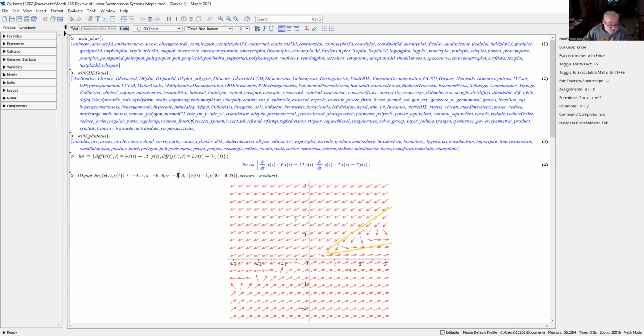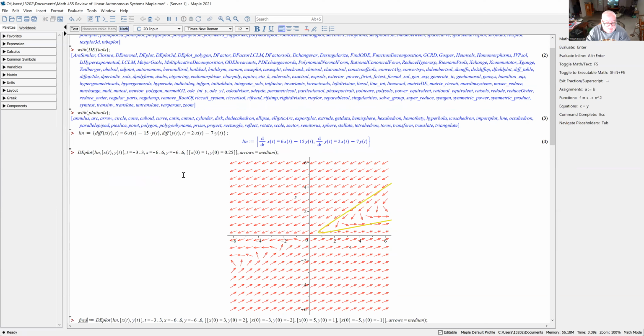It's usually a good idea to keep the plot that you're doing sort of square, right? -6 to 6, -6 to 6 for x and y. There, and there's our picture of it.